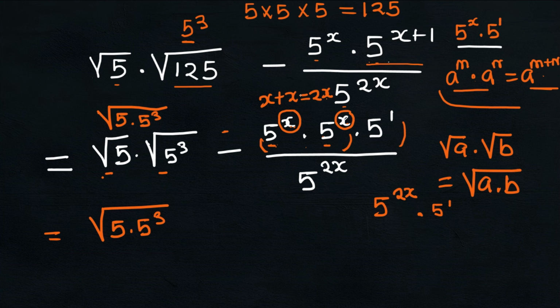So we have 5 multiplied by 5 to the power of 3, minus 5 to the power of 2x multiplied by 5 to the power of 1, divided by 5 to the power of 2x.